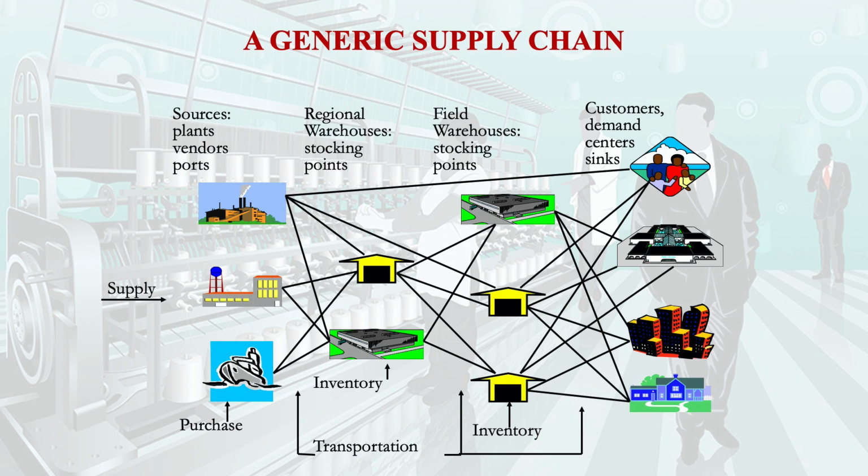Then in between, we have transportation, inventory, and finally the customer. The whole supply chain works between the upstream and the downstream supply chain. In the upstream, we have supplier and manufacturer, while in the downstream, we have manufacturer, distributor, retailer, and customer.